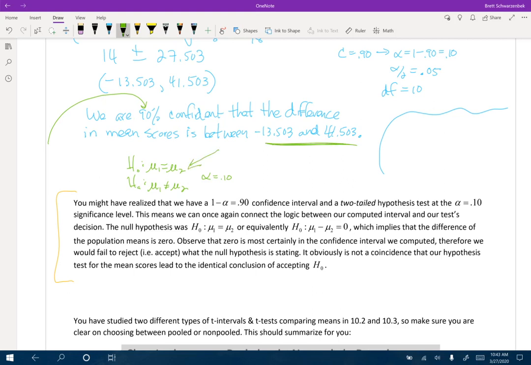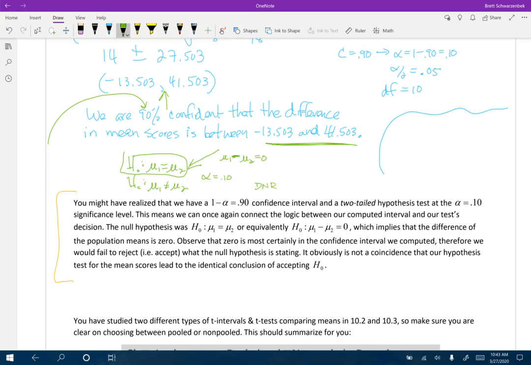So what's the judgment? Well, the null represents mu1 minus mu2 equal to 0, so it's claiming that 0 should be in the interval. If you go up here, you can clearly see that 0 is in this interval, which means we are going to support the null hypothesis. So what do we say? We would say we do not reject H0.